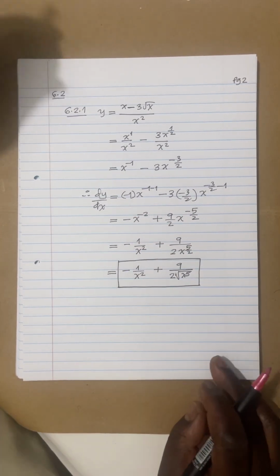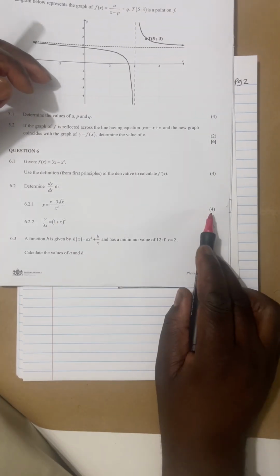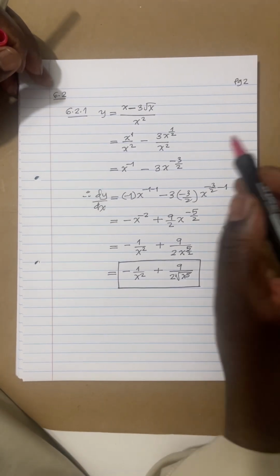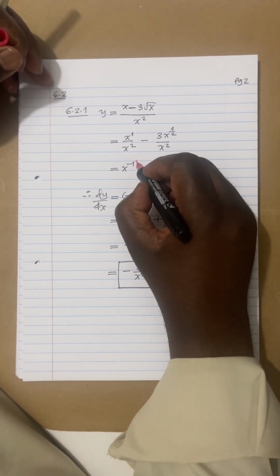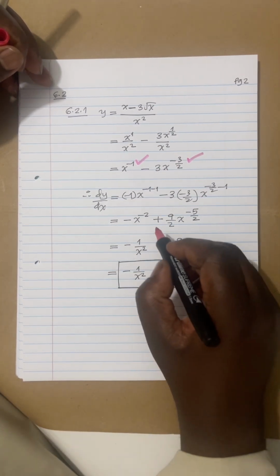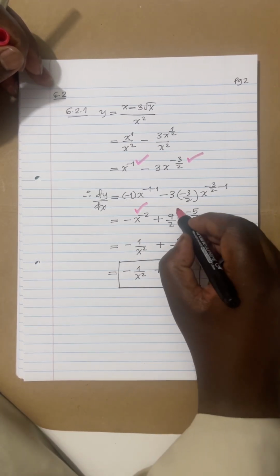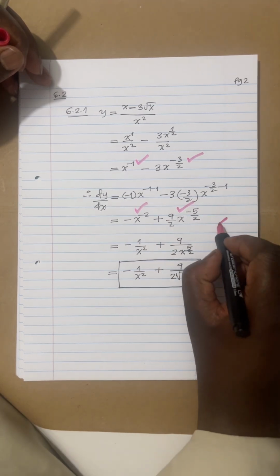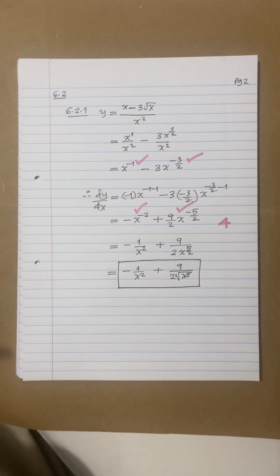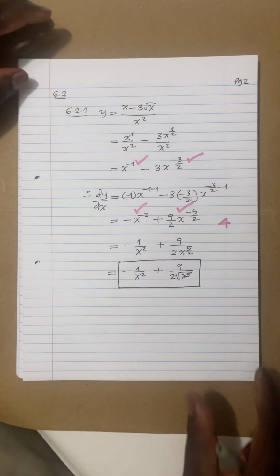So let's look at the number of marks for this one. It's also 4 marks. This is how I would distribute the 4 marks. I would give a mark for that, a mark for that expression, a mark for that term there, and a mark for that. So that's how the 4 marks would be distributed. So this part, you go there especially when you're required to do so. Otherwise, it's absolutely not necessary.